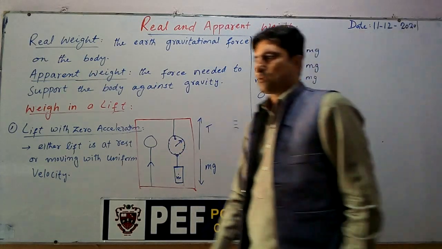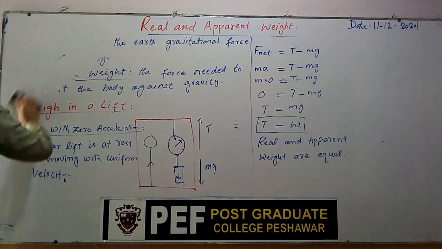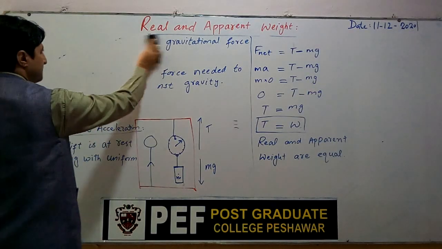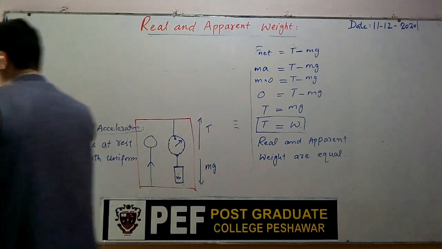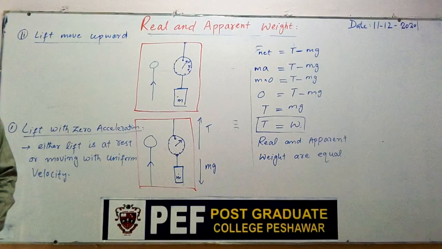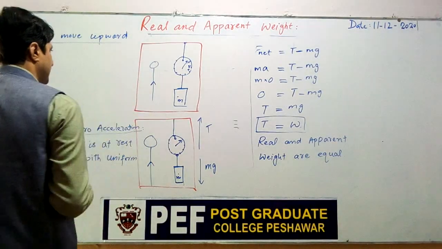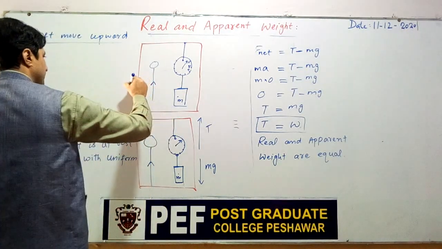So second case, when the lift is moving with some acceleration. Case 2. Now in this case, the lift is moving in upward direction with certain acceleration, say suppose like this.